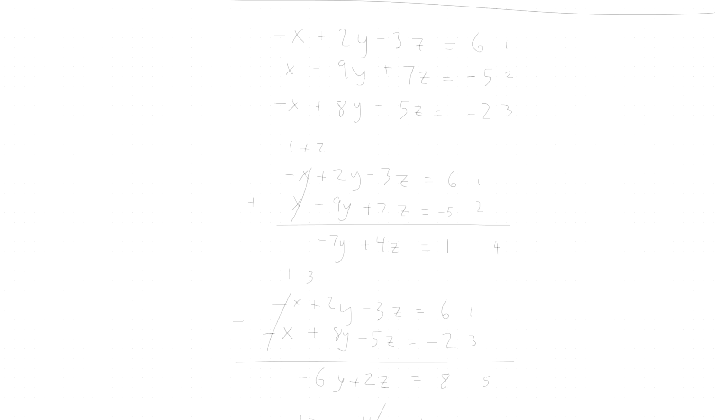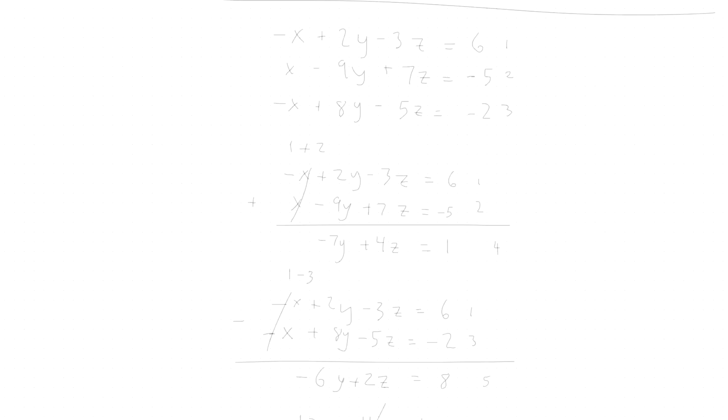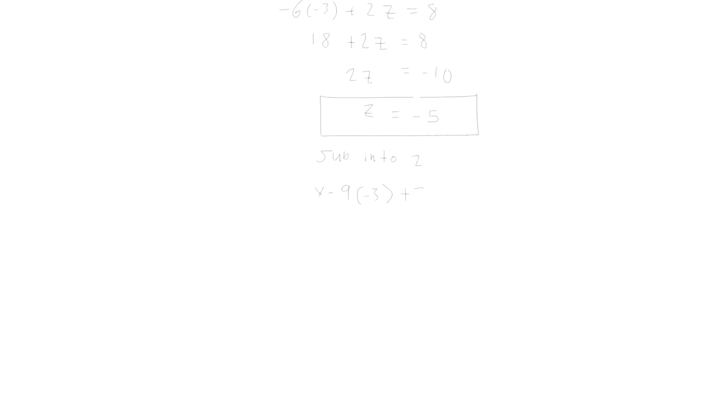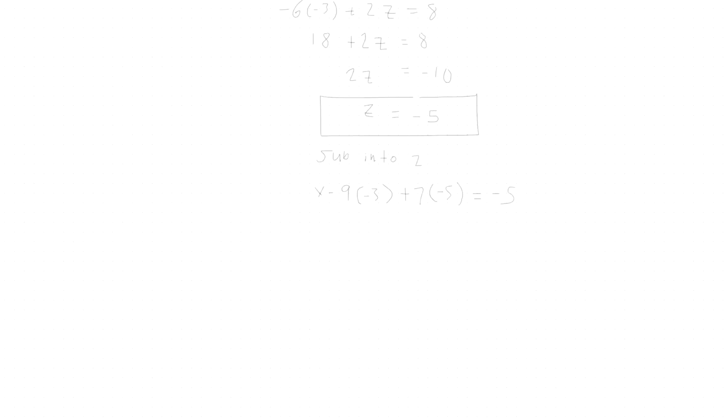So x minus 9 times y, which is negative 3, plus 7 times z, which is negative 5, equals negative 5. So x minus, what's negative 9 times negative 3?